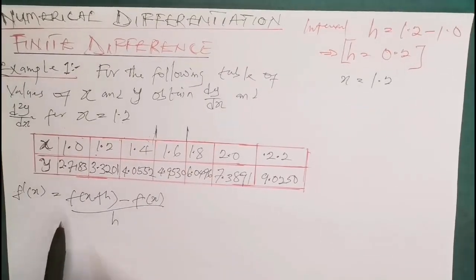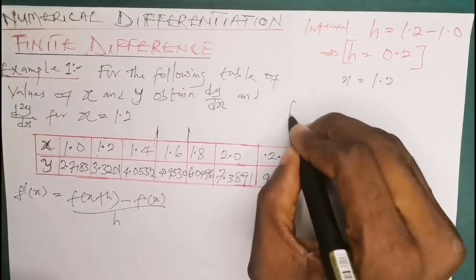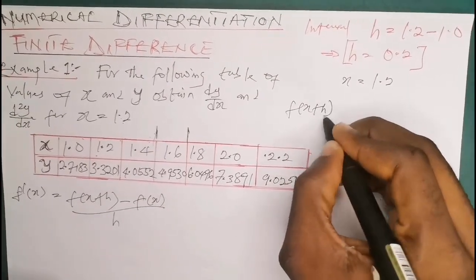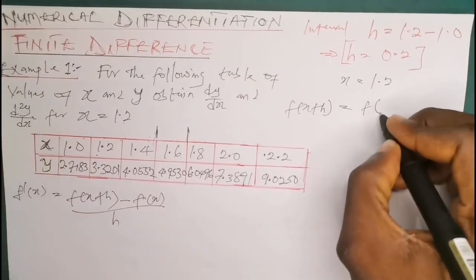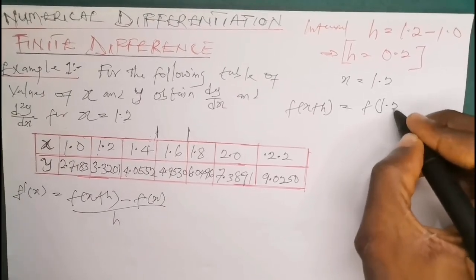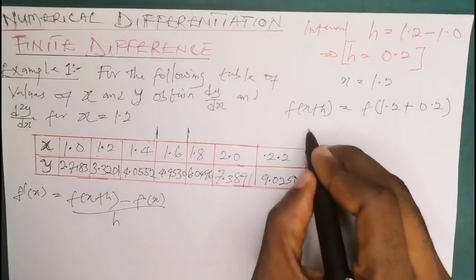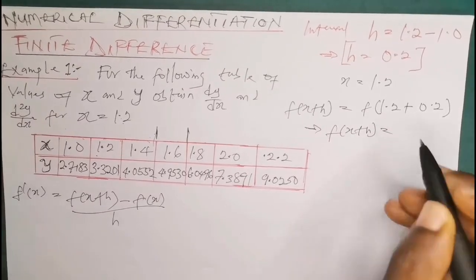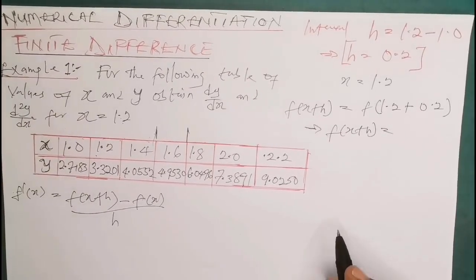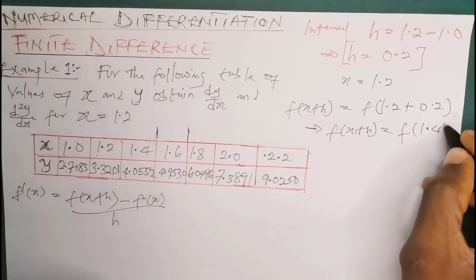So from this formula, we find first f of x plus h. That is going to be equal to f of x, which is 1.2, plus h, which is 0.2. So f of x plus h is going to be equal to f of 1.2 plus 0.2, which gives us f of 1.4.